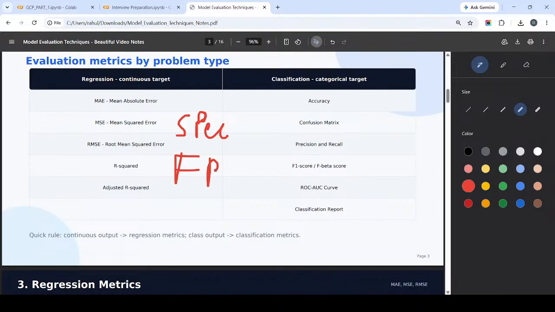We will discuss these two also, then we can understand the ROC curve better.